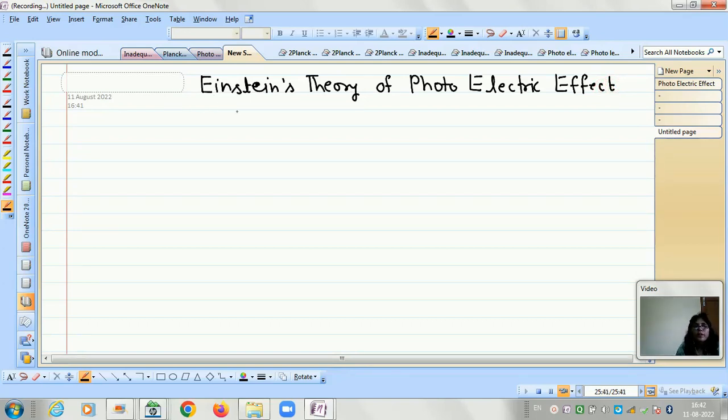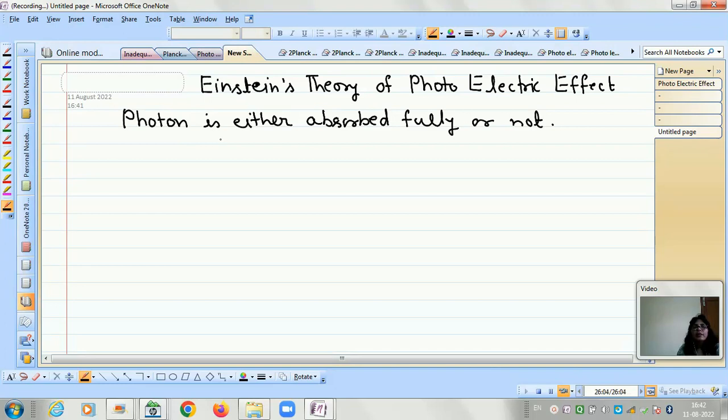So in this theory, Einstein said that photon is either absorbed fully or not.